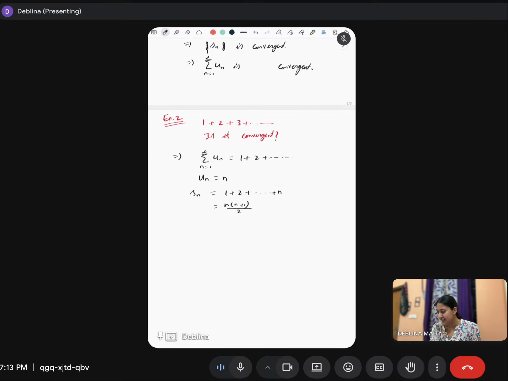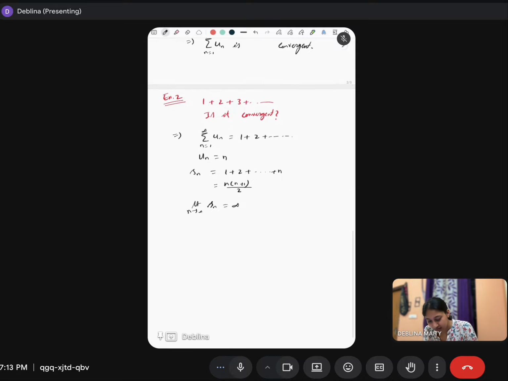Now we see that this function of n is not convergent, because as n tends to infinity, Sn goes to infinity, right? So it is not convergent. So the sequence Sn is not convergent. This means the sequence Sn is not convergent.